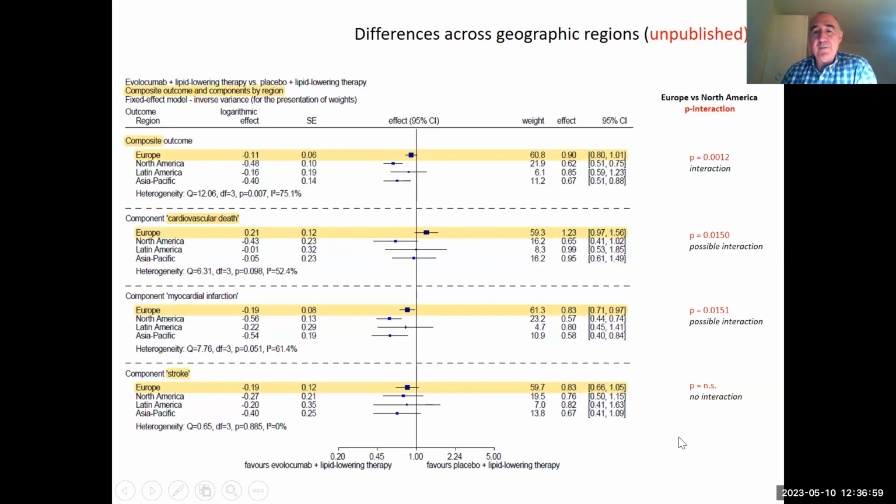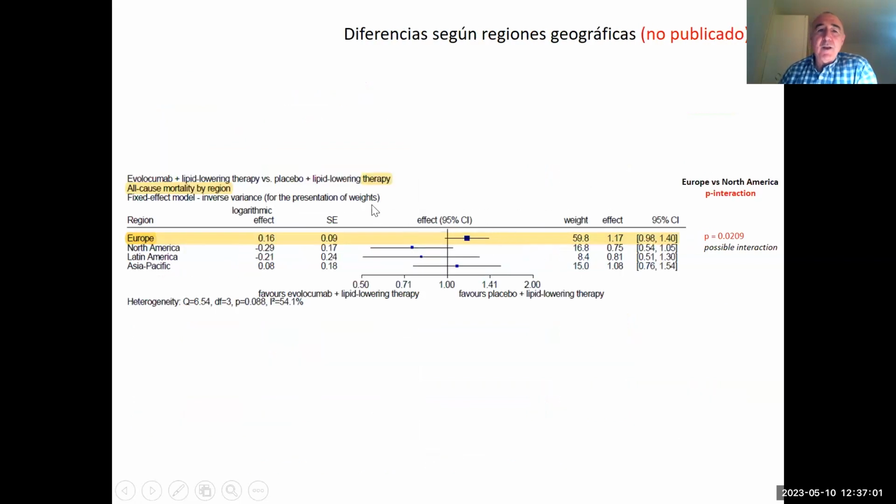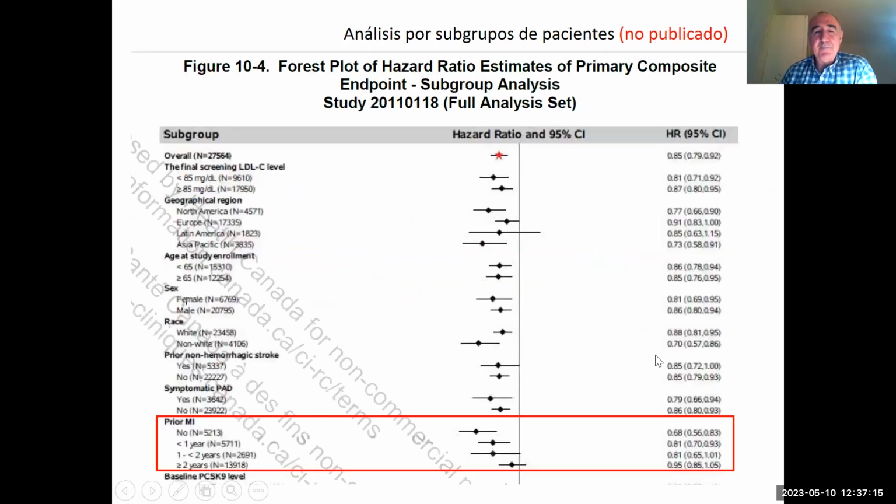So this is really weird. And this is the case for all-cause mortality too. In Europe, there was a 17% increase. In North America, a 25% decrease. Well, this is really inconsistent.